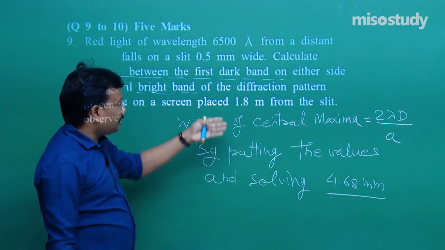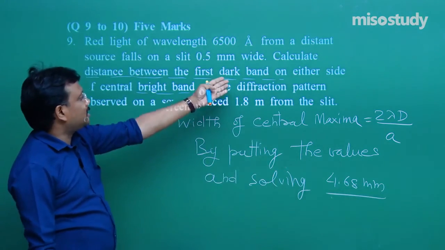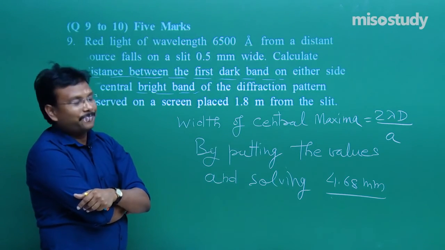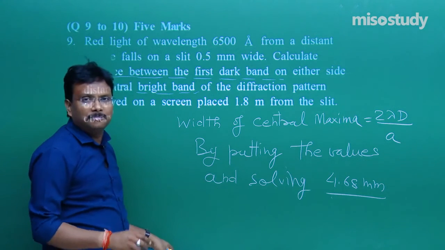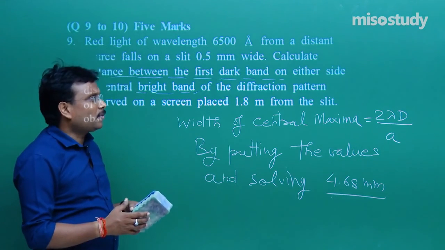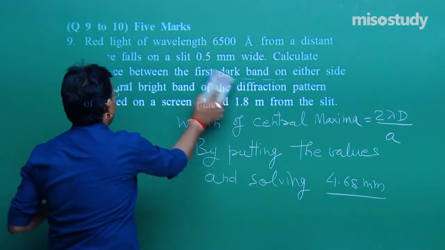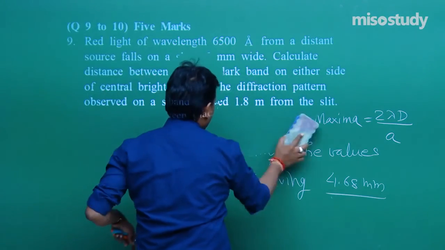So is it like that this question is difficult? Here they just want to know whether you have the idea of central maxima or not. Fine. So a clever question with a different approach, otherwise the formula and calculation is so simple.